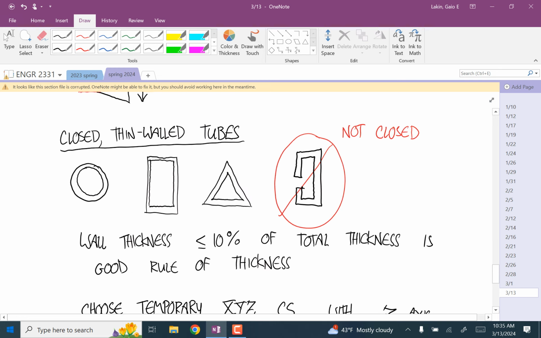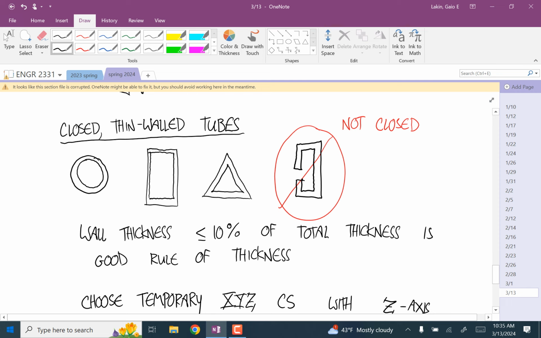Look at this rectangular cross section I drew here with different thicknesses on all these walls. If you're trying to calculate the shear stress at this point at the bottom, you use a different thickness than if you're trying to calculate the shear stress in this one.